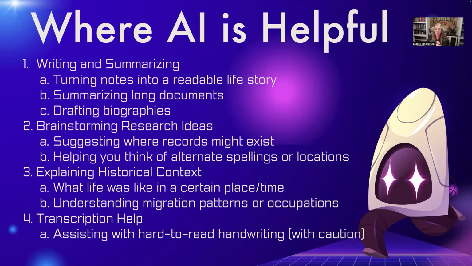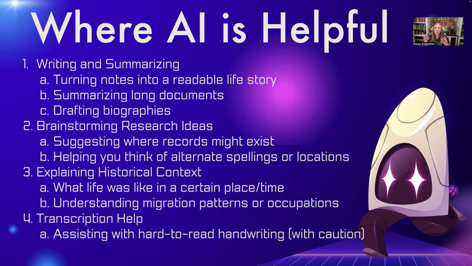Brainstorming research ideas. One of the things that I know researchers and historians are constantly looking for is gaps in time. Sometimes it's helpful, especially with an AI, because it's predictive and can put patterns together.